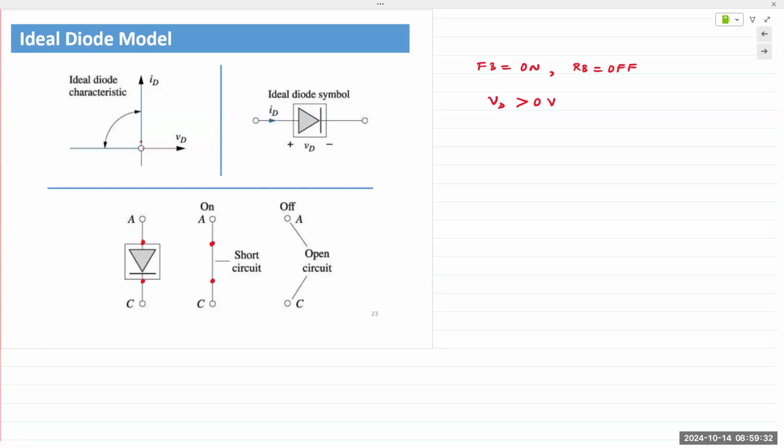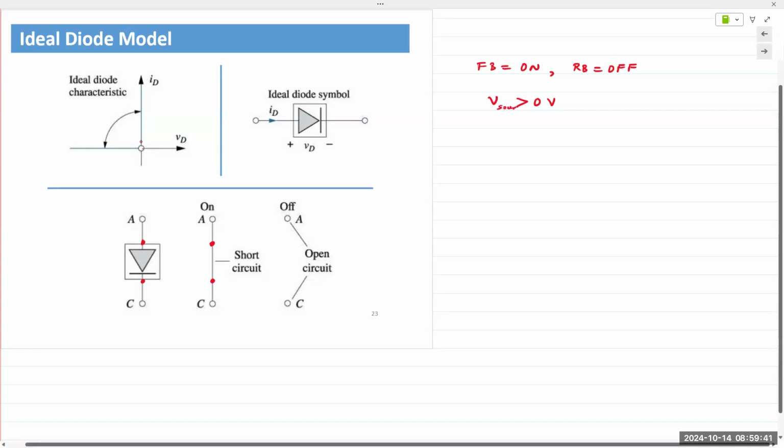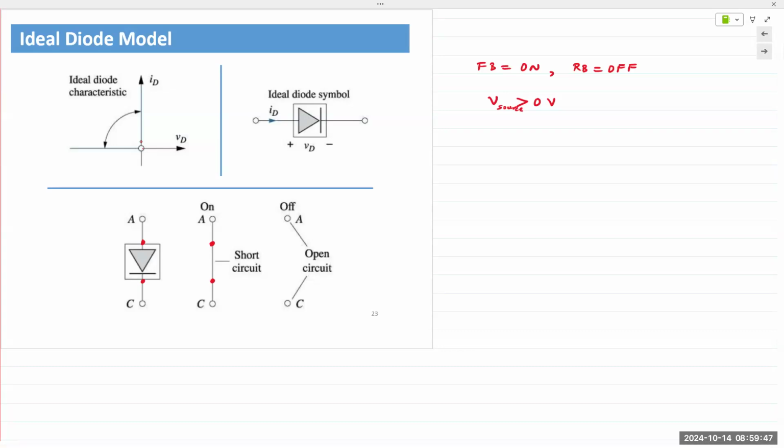And, you know what, this is wrong. That should be a source voltage. Source voltage greater than 0 volt, the diode turns on. So the diode turns on, it's a short circuit. If it's a short circuit, what is the voltage between those two terminals? 0.